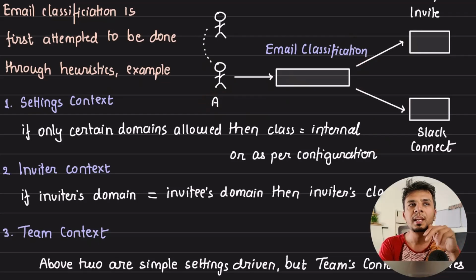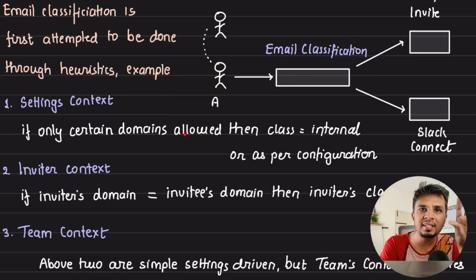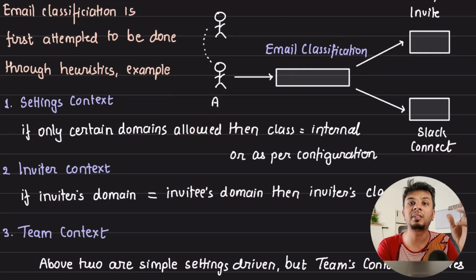So here we look at three specific cases. The first two cases are no-brainers, where it's mostly driven by configuration, while in the other case we would have to derive the answer. First is the settings context, because it is very possible that in a workspace, the administrator has configured that these are the domains that are internal while others are external.